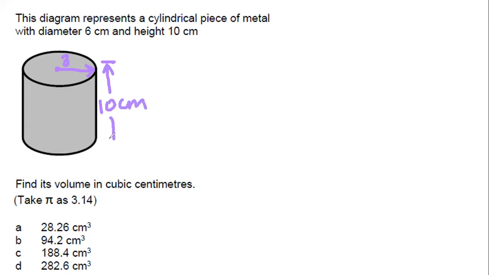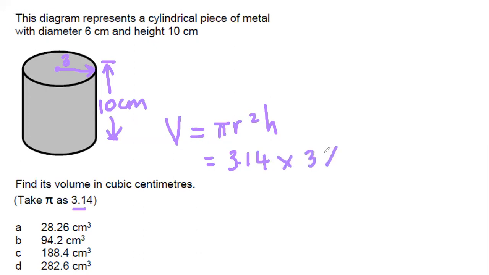So the formula is volume equals pi r squared h. So this is 3.14, as I told you, times 3 times 3 times 10.